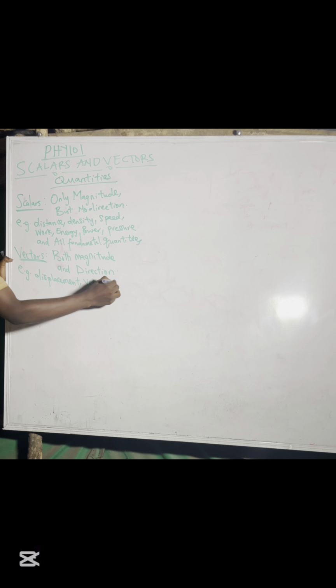Unit vectors. So guys, after we've known what vectors are, quantities that have both magnitude and direction, we are going to be talking about the unit vectors. The first thing you have to note about unit vectors is that they have a magnitude of 1.